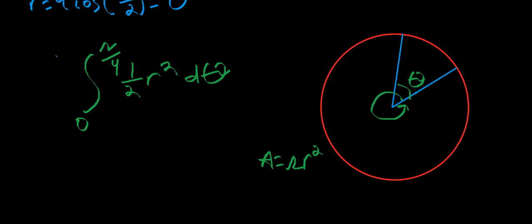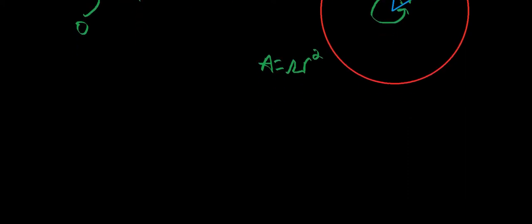Now, if I was taking a portion of the circle and I wanted to find the area of that portion, I could use the angle here, which is theta, and take the ratio of theta to the entire angle, which is theta over 2 pi, and we'll say this is our portion.